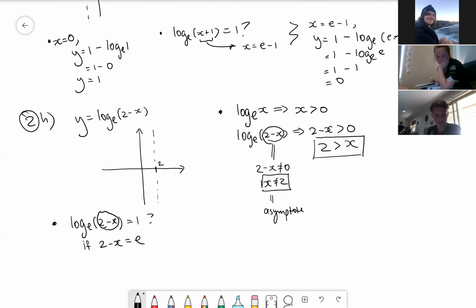So if 2 minus x is equal to e, you'd get 2 is equal to e plus x, and then you'd take e, so you'd get 2 minus e is equal to x. Two minus e, now that's like minus negative 0.7 or something like that. So we can put it here. So we've got another point here.